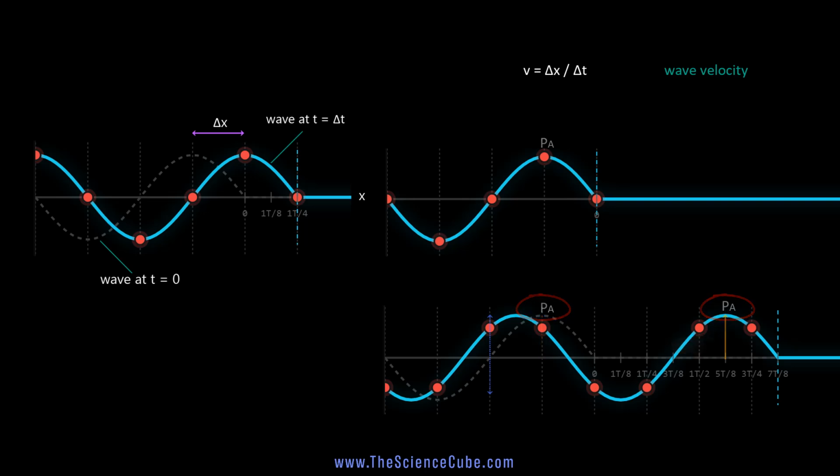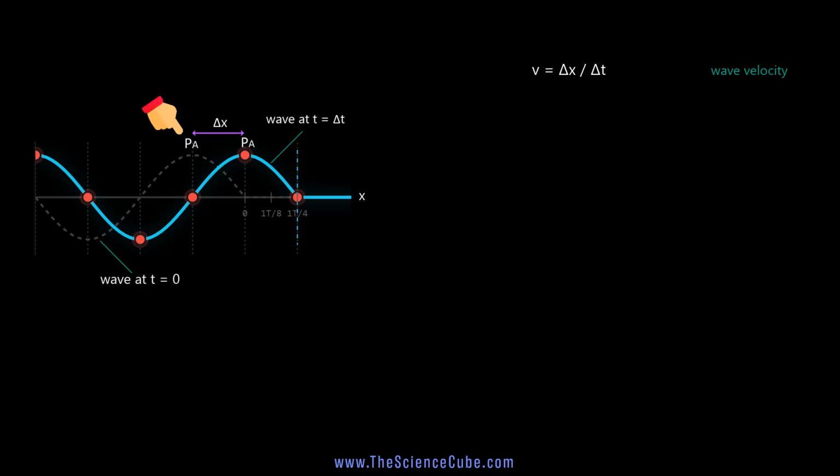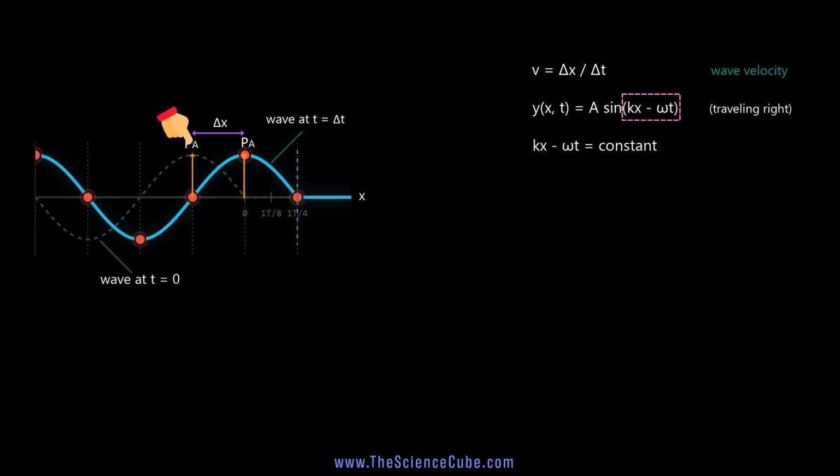So getting back to point A, because point A keeps that same displacement as it travels, the phase in our equation that gives us the y position must remain a constant. That is, point A has to retain its y value, and for this to happen, kx minus omega t must remain a constant for A. Now you see, although this argument is constant, both x and t are changing simultaneously.